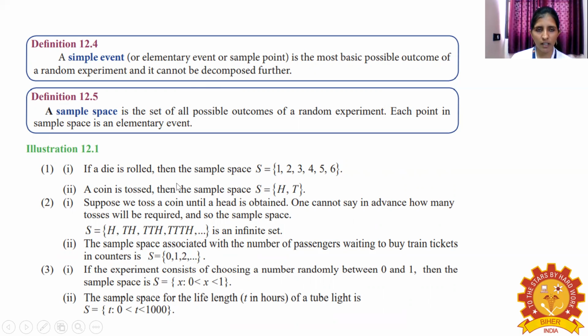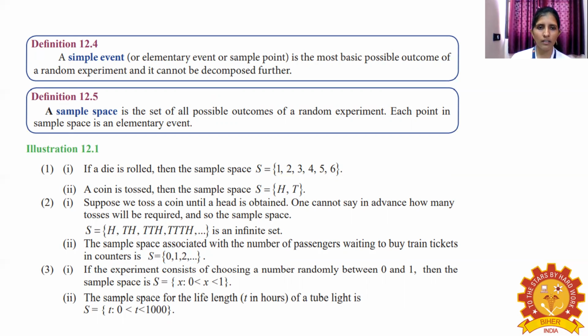And if a coin is tossed, then the sample space is {H, T}. As you can see, a coin has only two sides, therefore only two faces. So we have only two sample elements for this particular event.